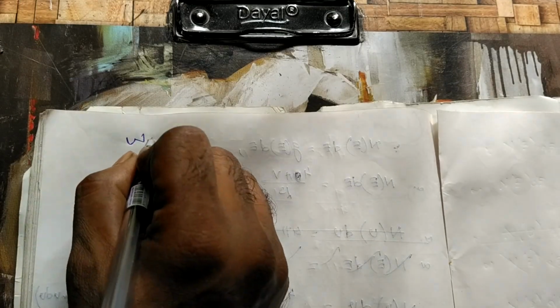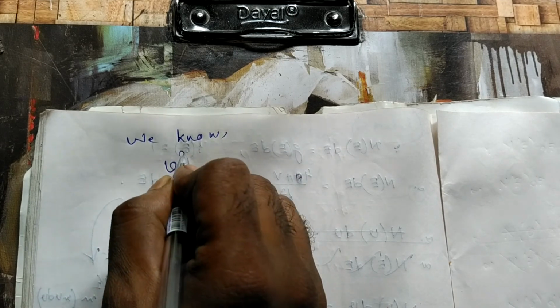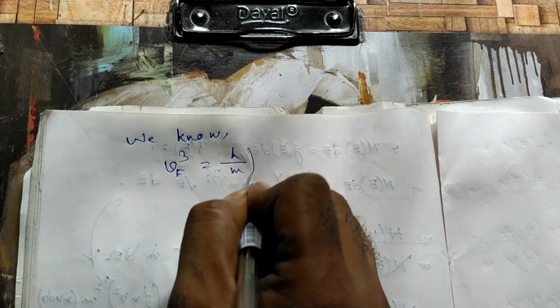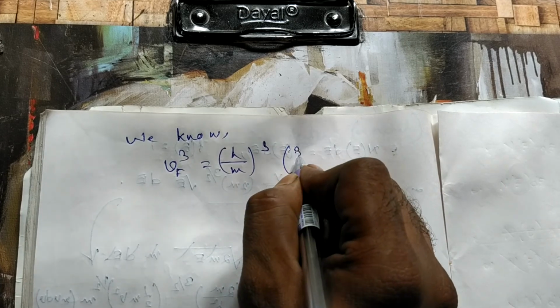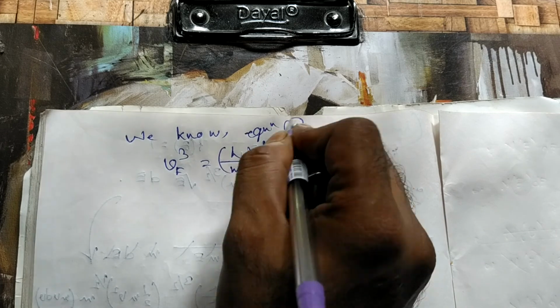We know the value of v_F cube is h by m whole cube, 3n by 8 pi, from equation 1.